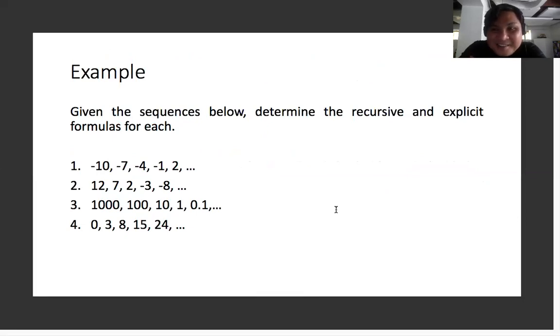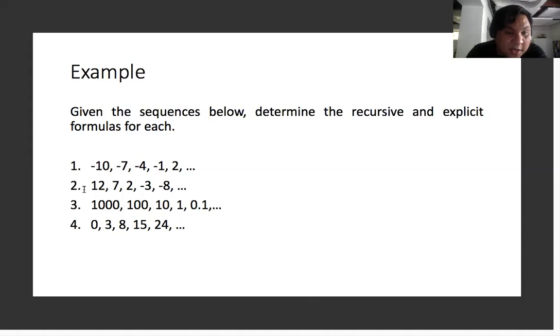Here we have 4 different sequences. The question is to determine the recursive and explicit formulas for each sequence provided. The first one begins with -10, then -7, -4, -1, and 2.